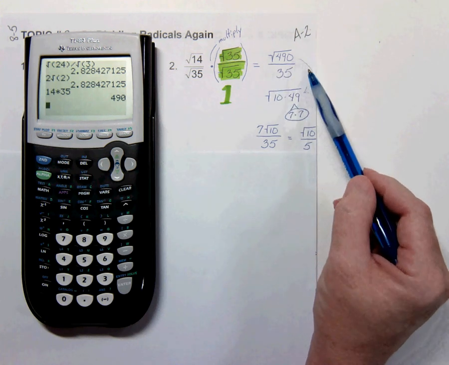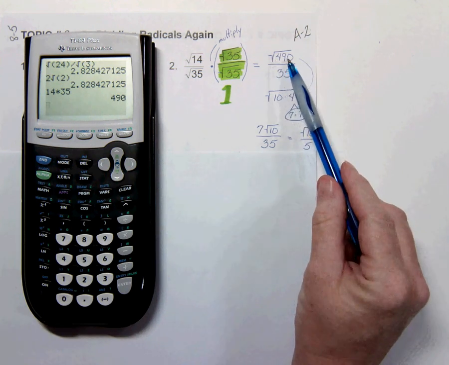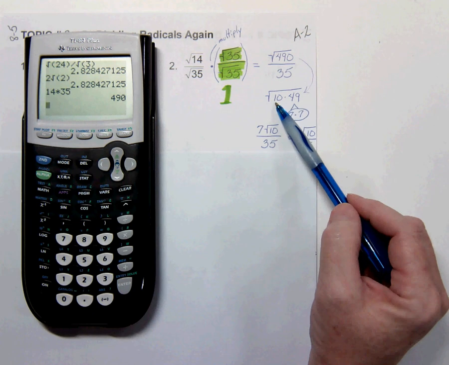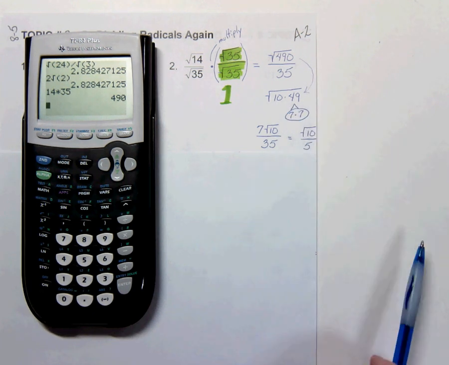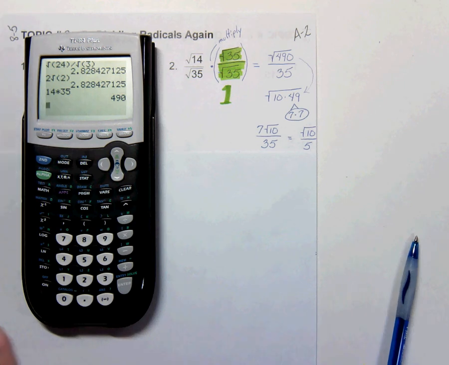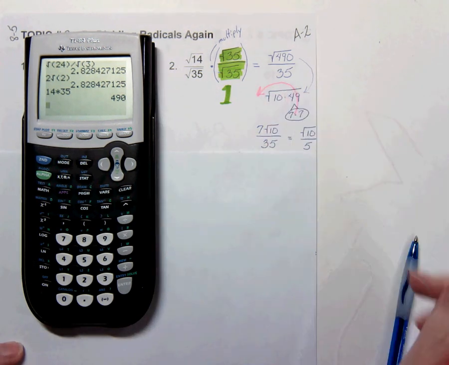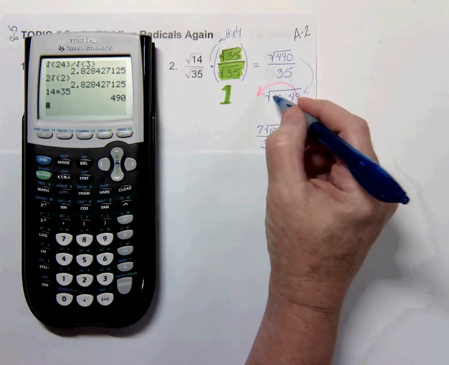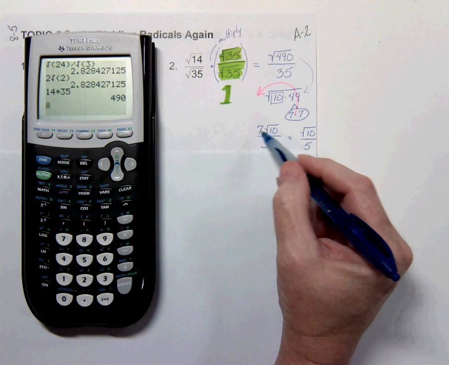So I've drawn my arrow here. I'm simplifying this expression, or this radical here. So 10 times 49 is a pair of 7s. So we know that that pair of 7s factors completely to the outside of my radical, where the 10 stays underneath. That's where I get 7 square roots of 10.